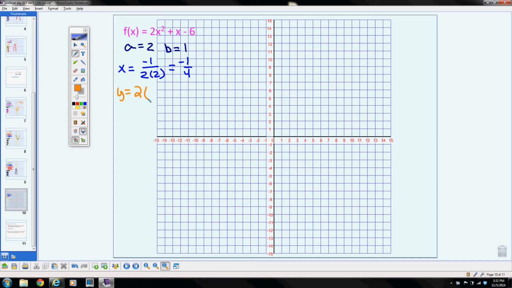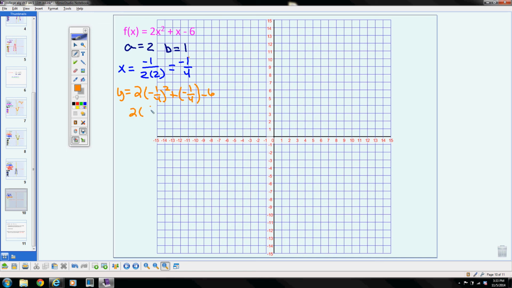So it's going to be 2 times negative 1/4 squared plus a negative 1/4 minus 6. Negative 1/4 times negative 1/4 would be 1/16.